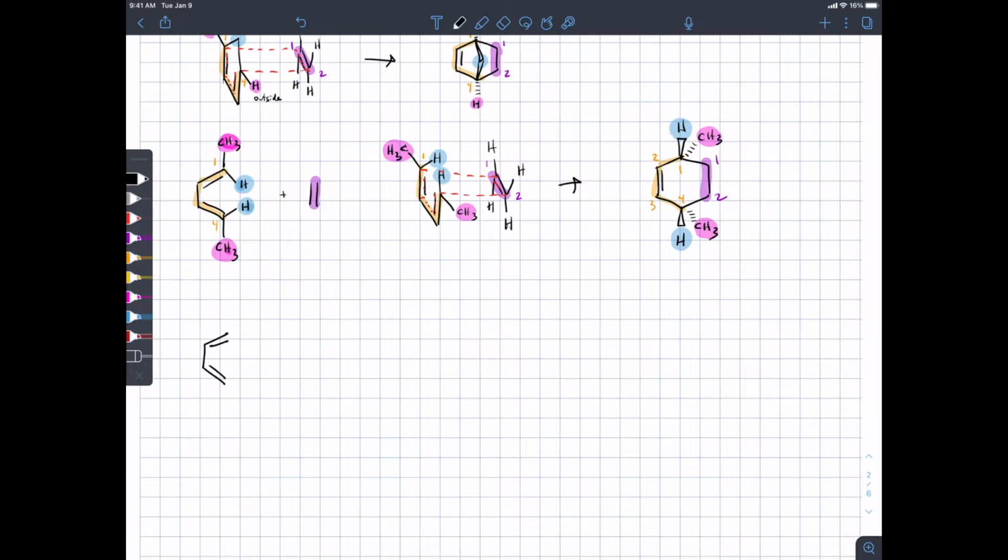Instead of this E E stereoisomer, let's try this E Z stereoisomer, in which on orange carbon 1, the methyl group is outward, whereas the proton is inward, but on orange carbon 4, the methyl group is pointing inward, whereas the proton is pointing outward.